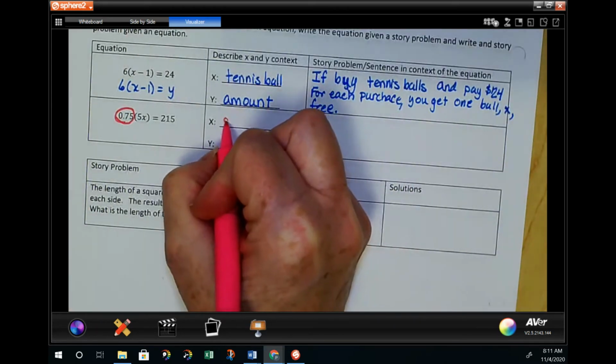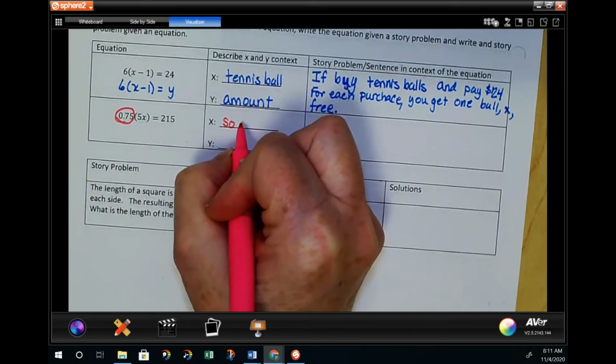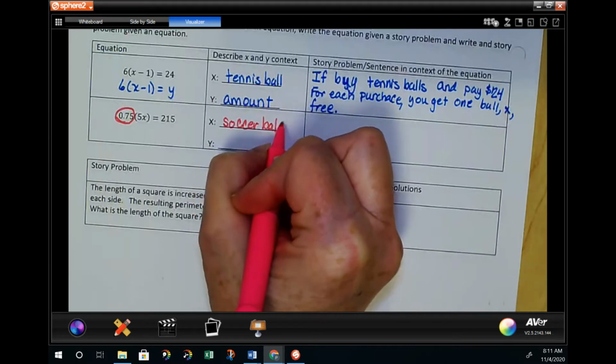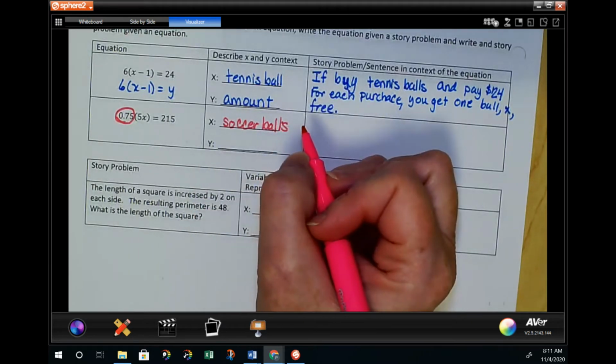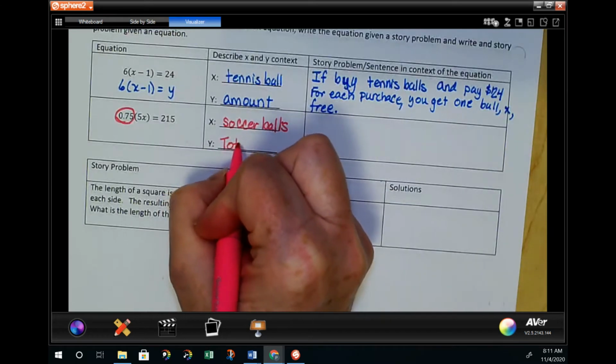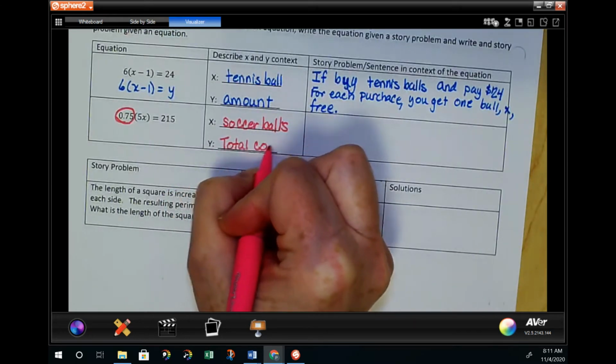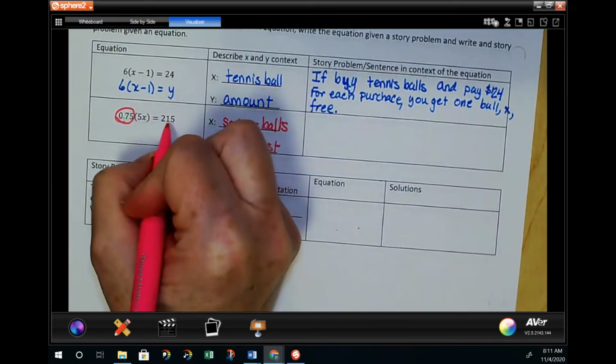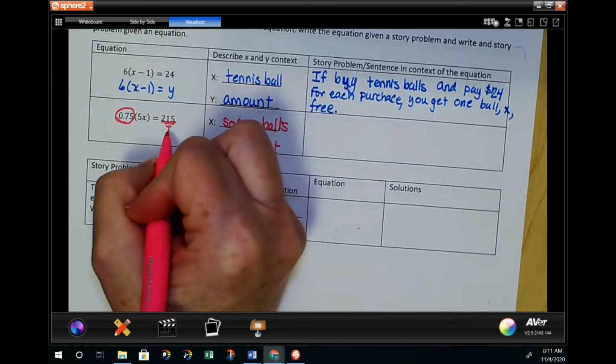And this one, I like to think of as soccer balls. They're going to be your total. This is your total cost, and that's your total T. This is your y right there, that 215.